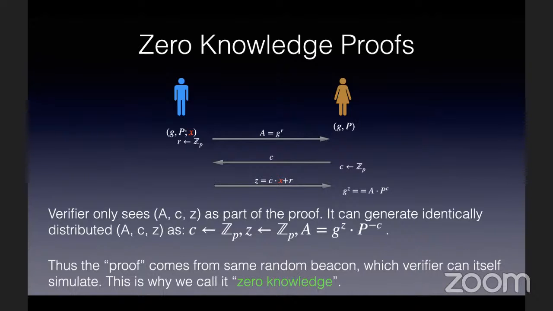But the key point here is that the messages that you see in the proof are random-looking messages, and those random-looking messages you could have generated on your own, with exactly the same distribution. Note that when we say zero knowledge, we are not even trying to say how we measure knowledge or what is useful to you.